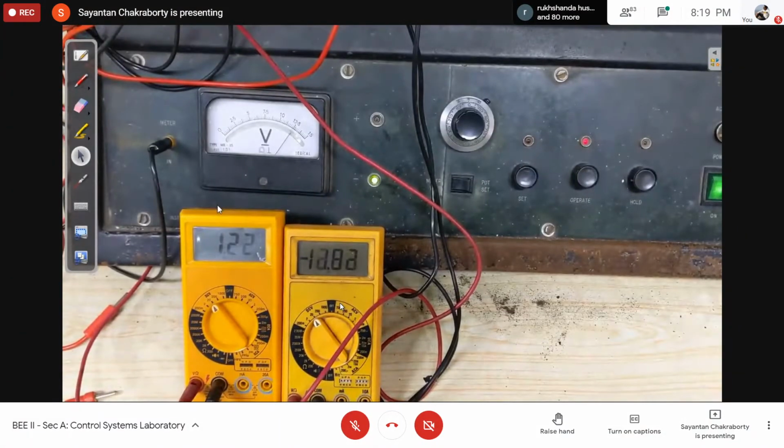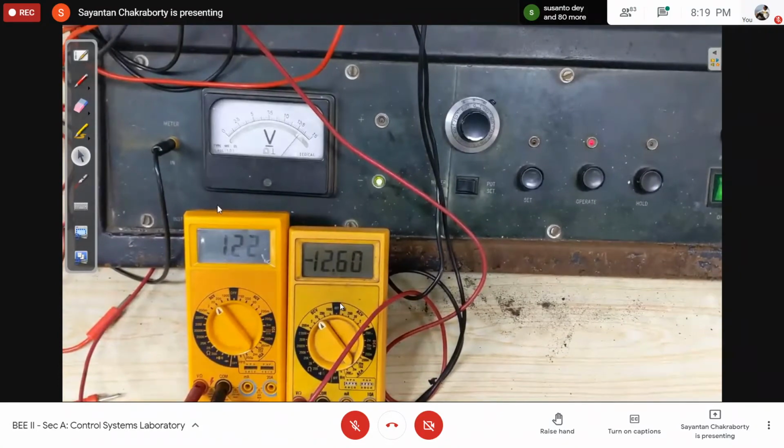Now, how long will this integration take place? Since these are all op-amp circuits, they are provided with a plus minus 15 volt bias. And we all know the op-amp output cannot exceed this bias voltage of plus minus 15 volt. So a time will come when the output voltage nears 14.8, 14.9 or 15 volt. It will not grow further because it is beyond the biasing voltage of the op-amps, so it gets saturated.